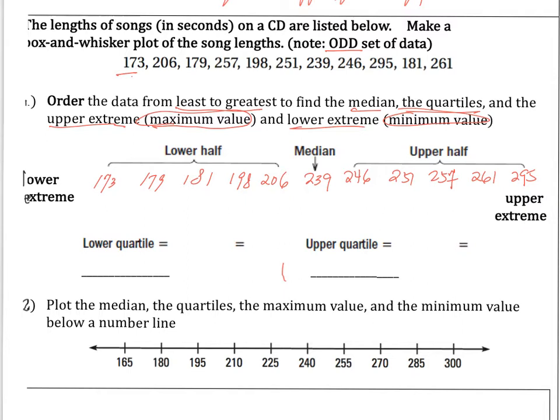I think it would be a good idea to cross out the ones you've already listed as you go. So I should have done 173, cross it out, 179, cross it out, and so forth.